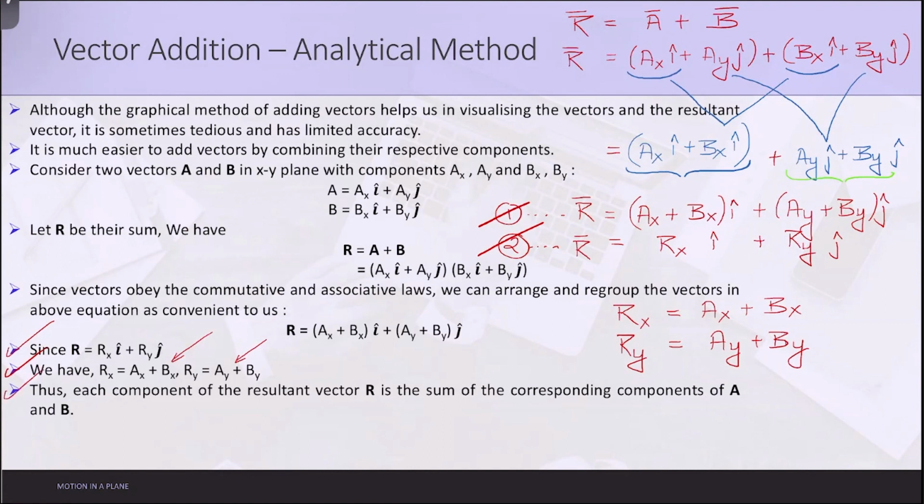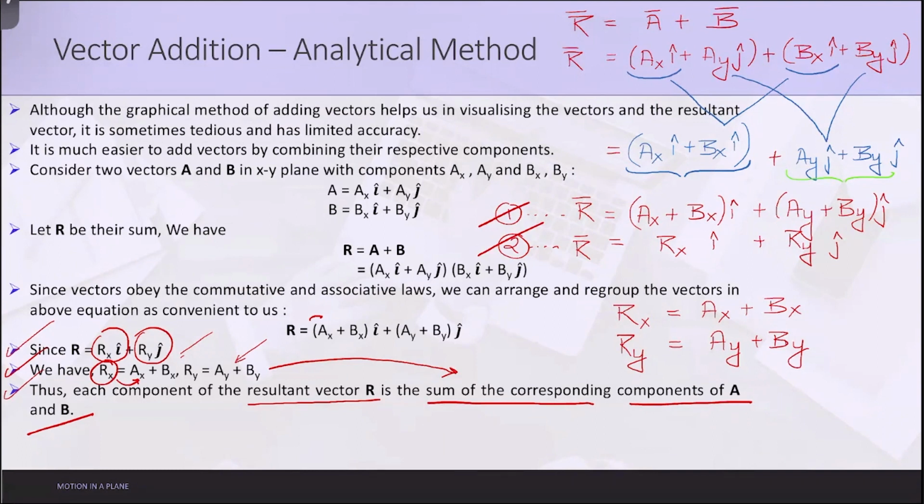That being said, each component of the resultant vector r. What are the components of the resultant vector r? This is one component of the resultant vector r, and similarly this is the other component. So each component of the resultant vector r is the sum of the corresponding components of a and b.